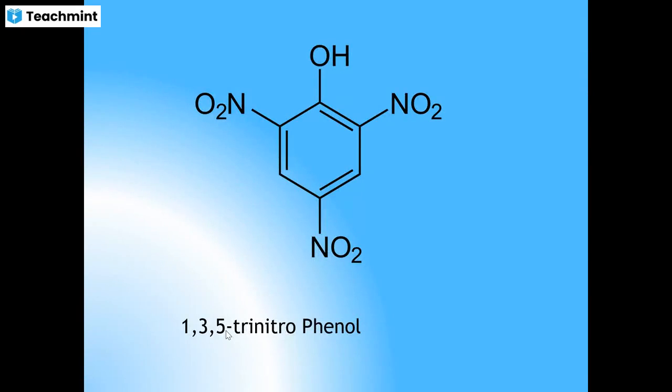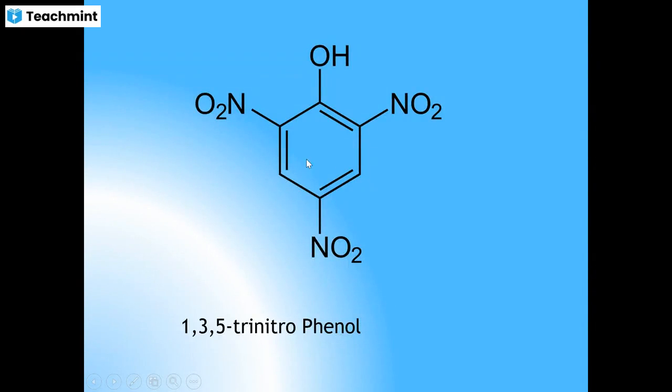In this case, the nitro groups are present at the 2,4,6 positions. So this is not TNT, this is a 1,3,5-trinitrophenol. Before that we saw 1,3,5, sorry, this is 2,4,6.